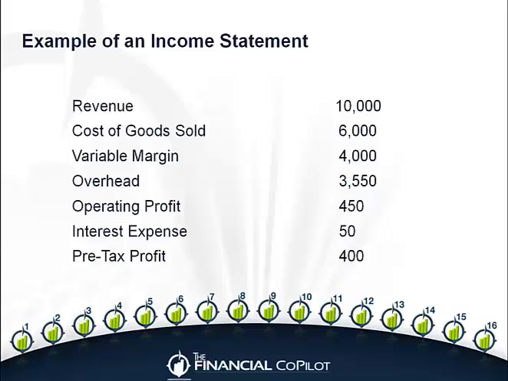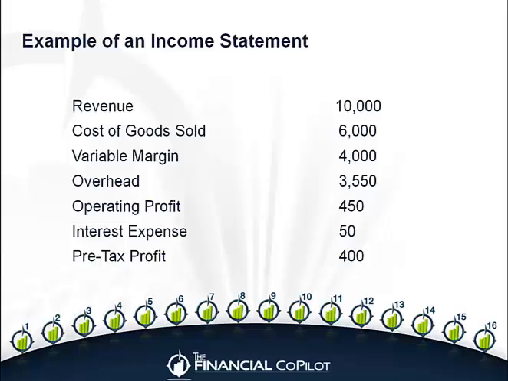Then comes your activities that don't have anything to do with business operation but affect your profitability as a company. Examples of these kinds of things include other income, other expenses, interest expense, if you have an overage or a loss from the sale of assets that are not a part of your normal business operation, they would come into this category.